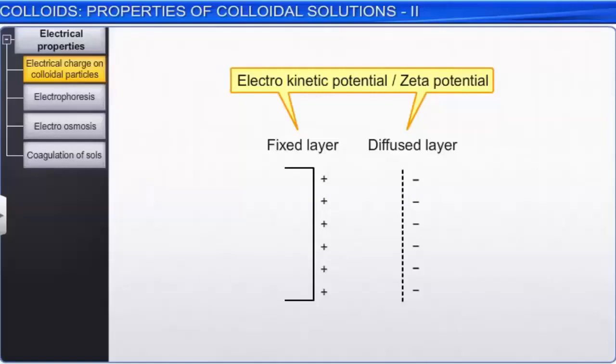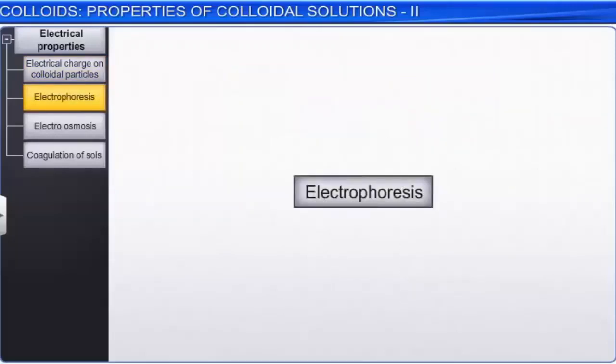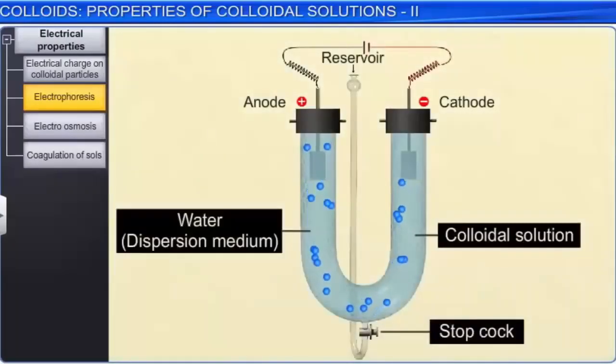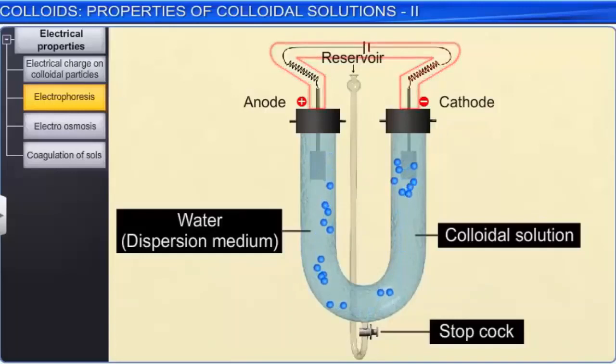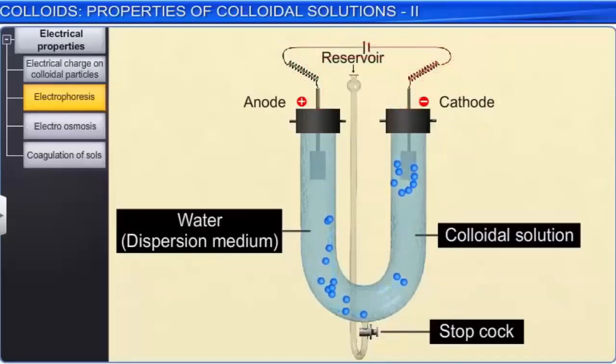Let us now discuss another electrical property of colloidal solutions, electrophoresis. The movement of colloidal particles towards a particular electrode under the influence of an electrical field is called electrophoresis. Electrophoresis helps establish the existence of electrical charge on colloidal particles.